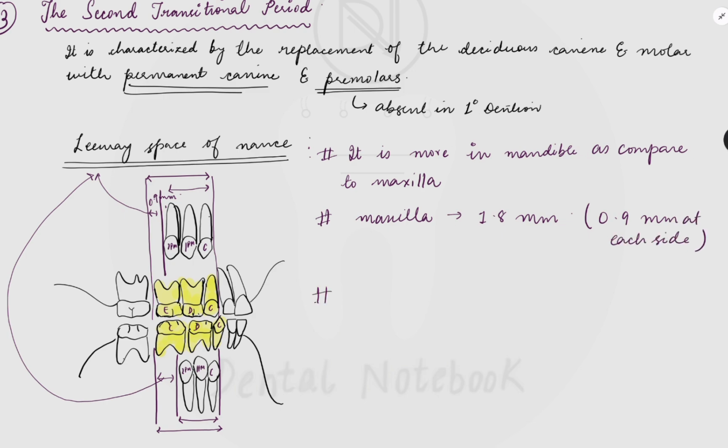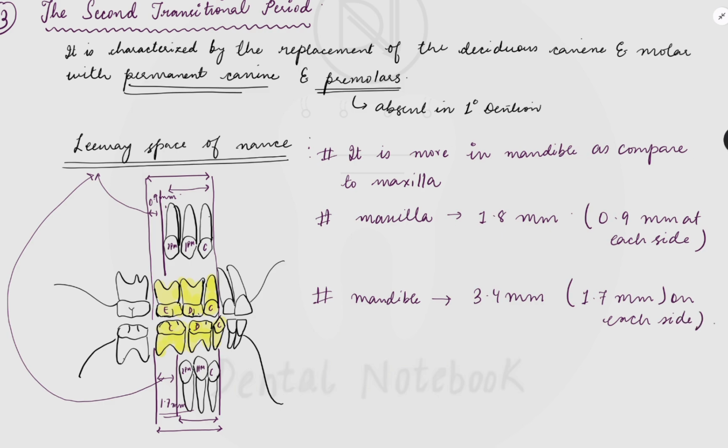In the case of the mandible, the leeway space of Nance is 1.7 mm on each side. That is, the total space in the mandible is 3.4 mm.